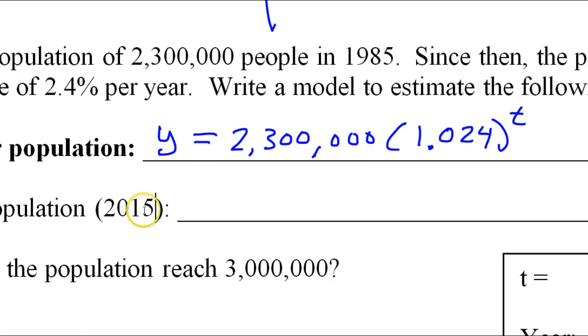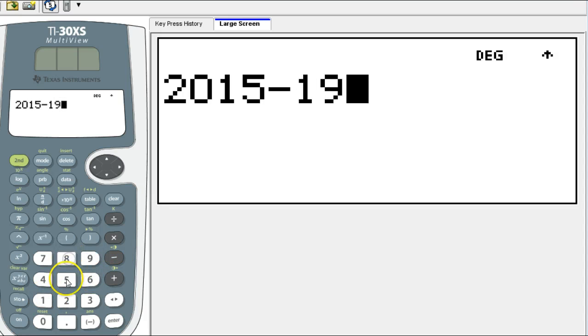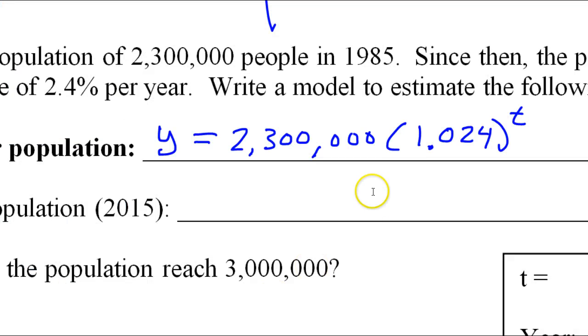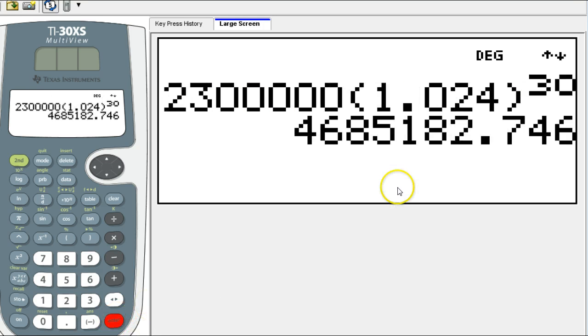From 1985 to 2015, that's 30 years. Okay, so we're talking about t being 30. So you could just type the whole thing in your calculator, substituting 30 in for t, and this is what we get.